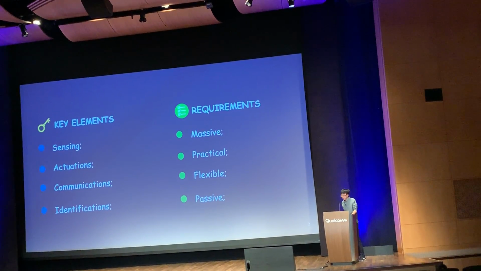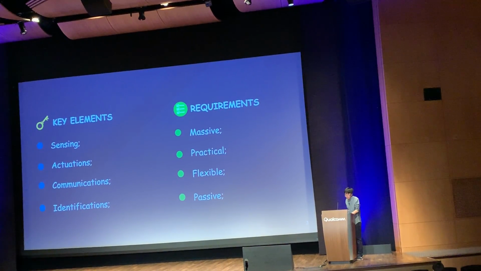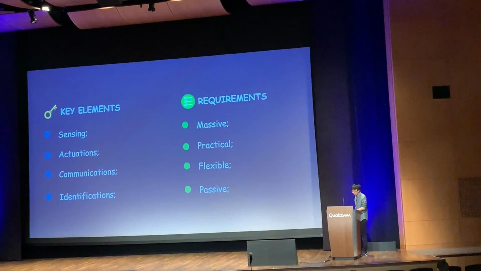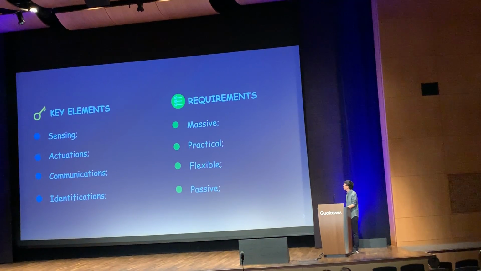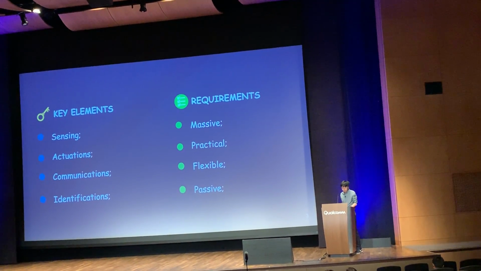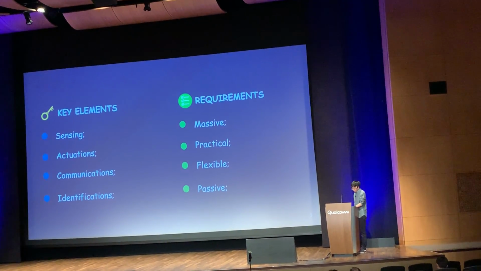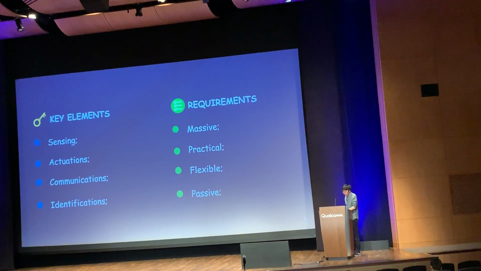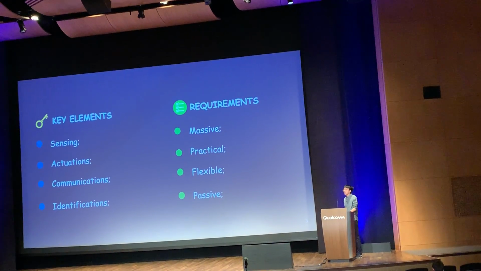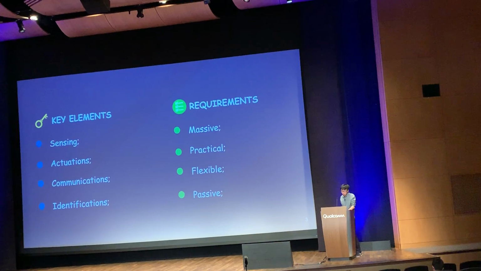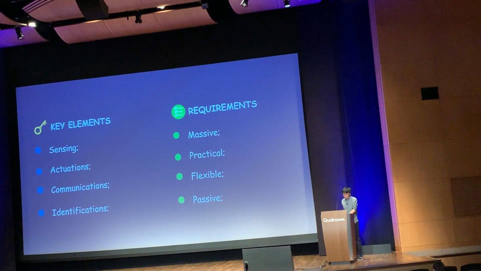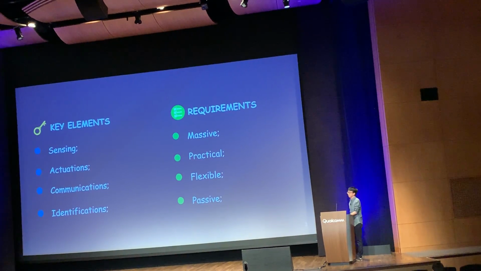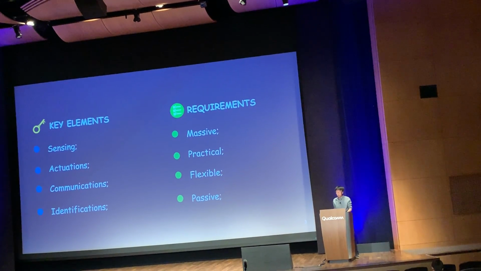The second is practical: can we print them and attach them on diverse surfaces and environments, even not ideal spots? The third is flexible: by combining existing passive sensors like temperature sensors, can we transform them into a wireless version? And finally, passive, which here simply means batteryless.